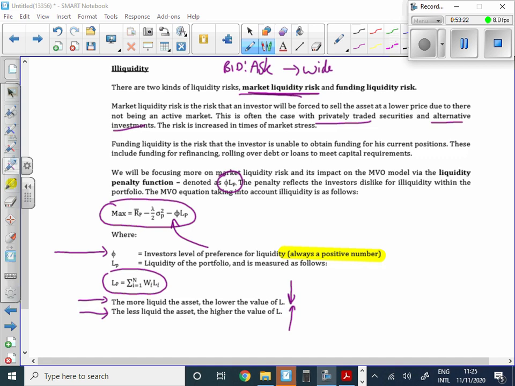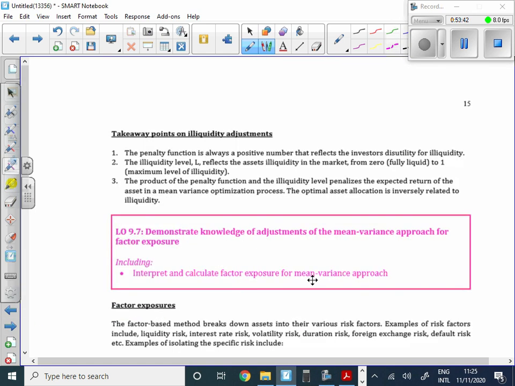The last equation says what? It's a minus. In other words, I'm penalizing you if there's no liquidity. So if there's less liquidity, I want a higher value of L. In other words, a higher penalty due to lack of liquidity. So it does make sense, but just try and work everything through as we go through that. Do you have to know that formula? Yep.